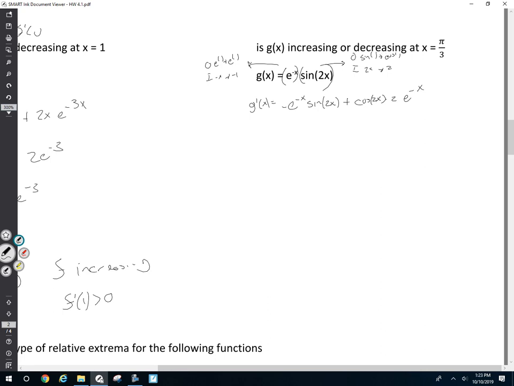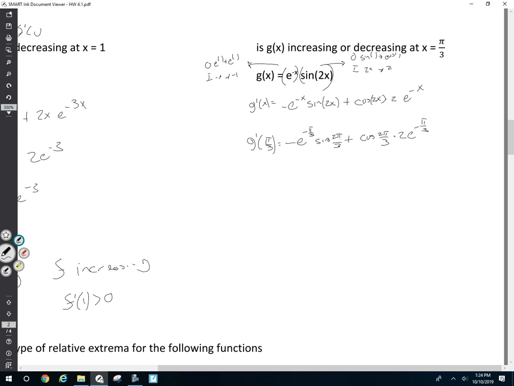Do I want to factor out the negative e to the negative x? I kind of do, but whatever. Let's just plug in pi over 3. I get negative e to the negative pi over 3 times the sine of 2 pi over 3 plus cosine 2 pi over 3 times 2 times e to the negative pi over 3.